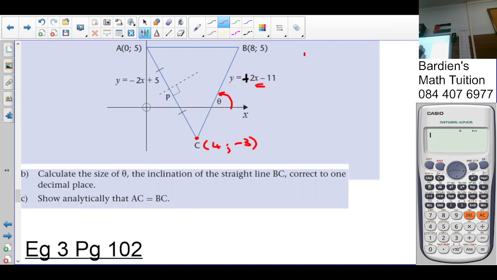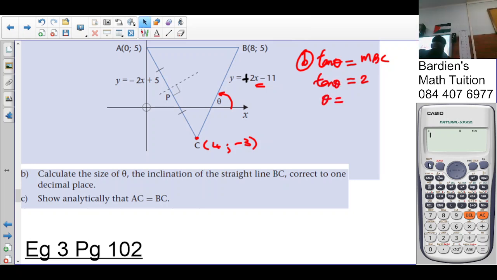So what do we say? Tan theta equals the gradient of BC, which is 2. You all agree with that? So arc tan of 2 gives us 63.435. So 63.4.